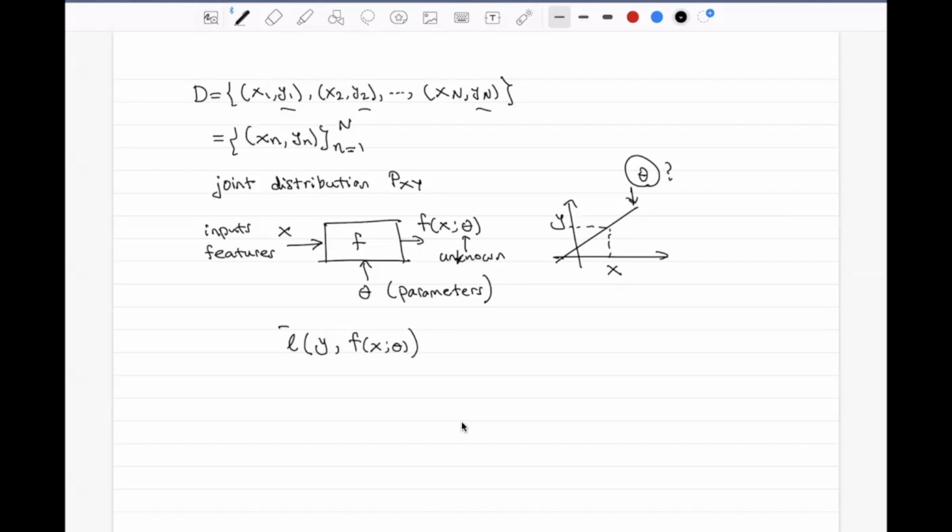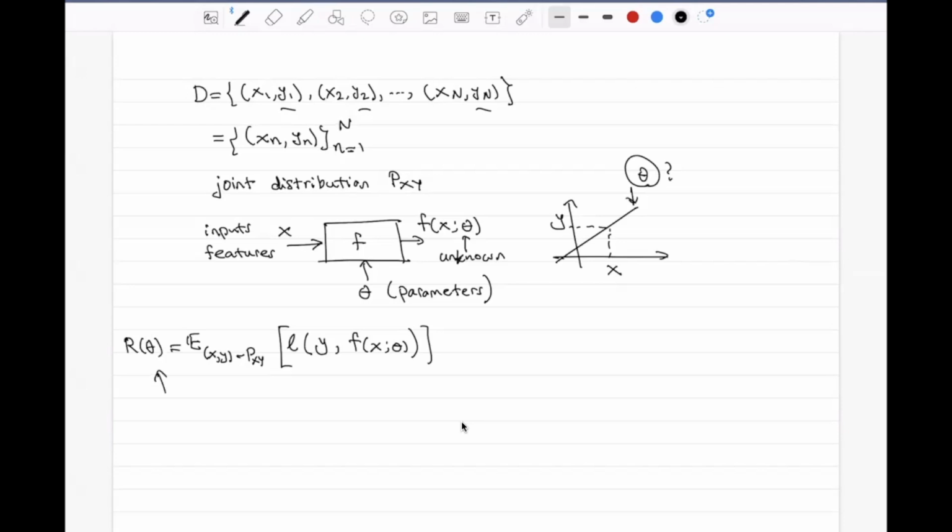And ideally, you want to be able to minimize the expected value of these input-output pairs coming from this joint distribution. And remember, here x and y are what we are finding the expected value with respect to, and therefore this is indeed a function of theta.